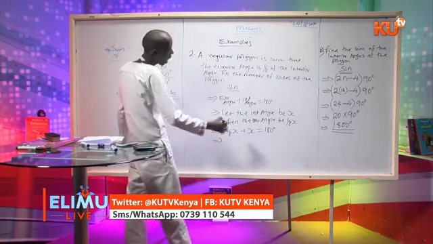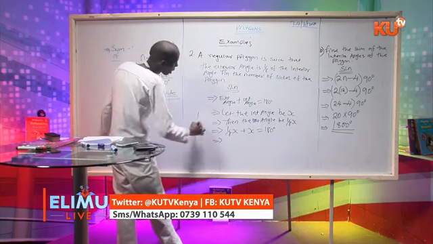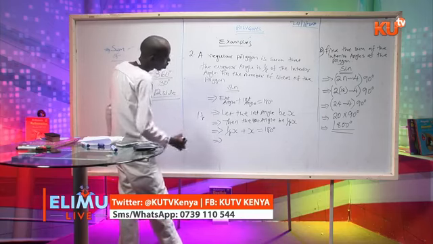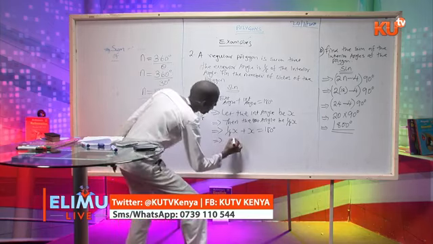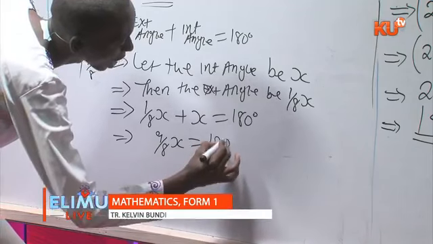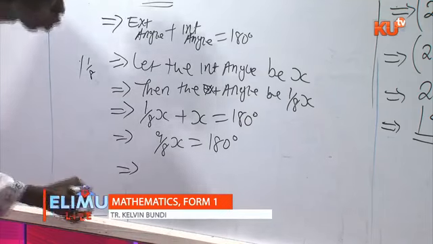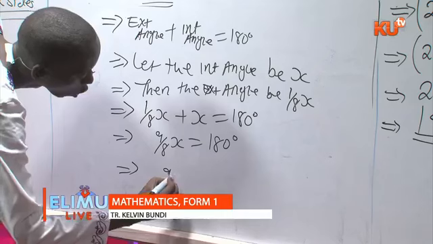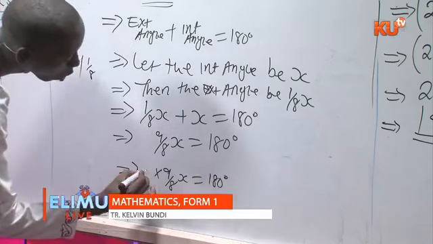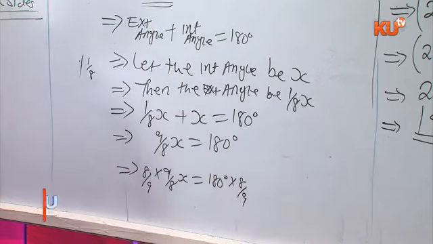So 1/8x plus x, that is 1 plus 1/8, you take 1, then you add 1/8. 1 times 8 is 8 plus 1, 9. So you'll get 9/8x is equal to 180 degrees. What we need is x. So what do you do? You multiply both sides by 8/9.